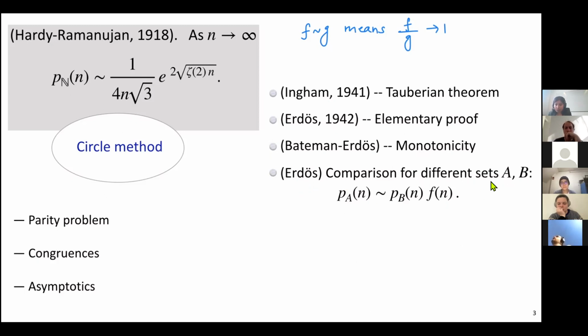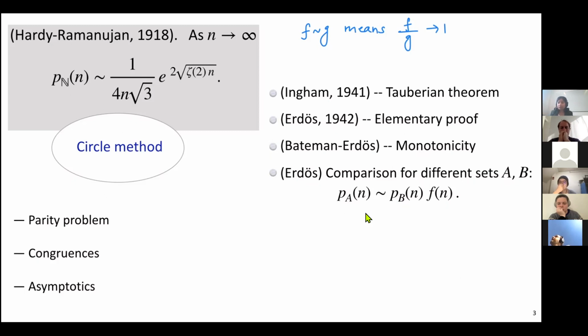Erdős compared partitions when your parts are coming from two different sets. And one example of this goes back to Euler, who showed that the number of partitions into distinct parts and the number of partitions into odd parts is exactly the same.